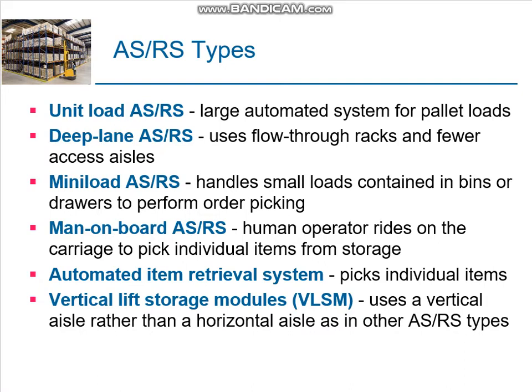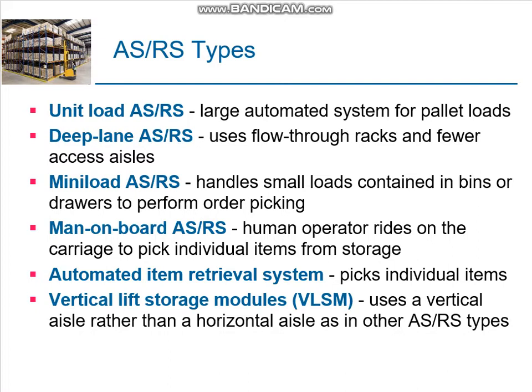There are several types of ASRS. Among them are unit load ASRS, and deep lane ASRS, which uses flow through racks and fewer access aisles. Mini load ASRS handles small loads contained in bins or drawers to perform order picking.